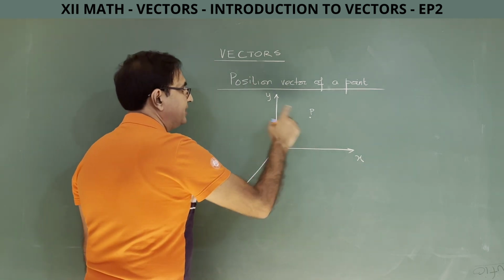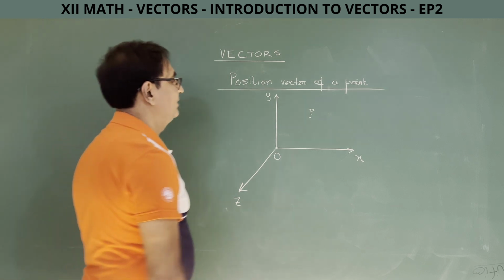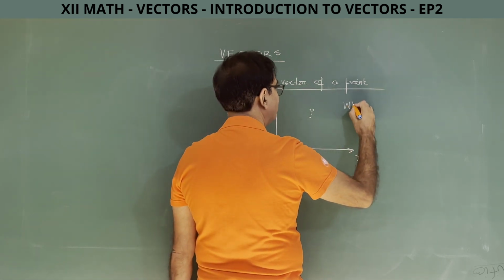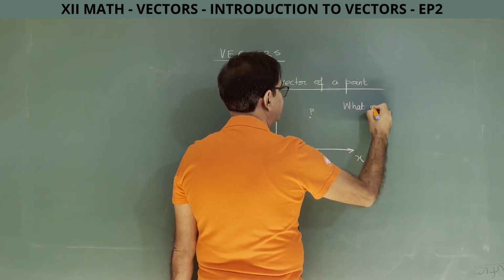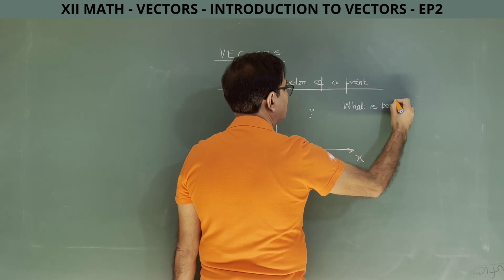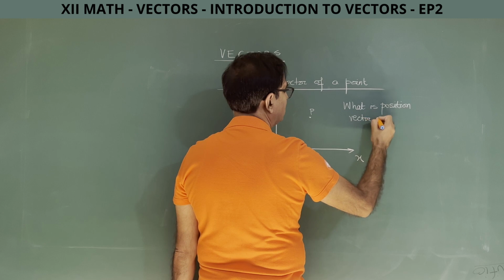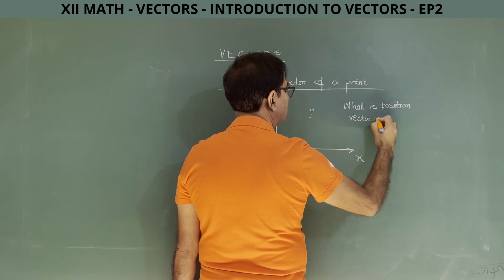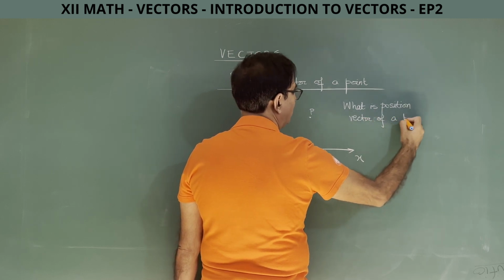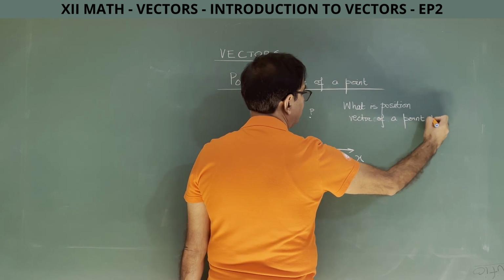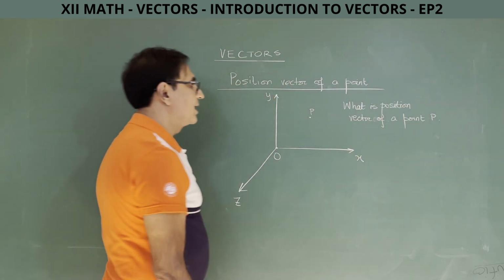So, what is the position vector of point P? The question is, what is the position vector of a point P? So, what is the answer?